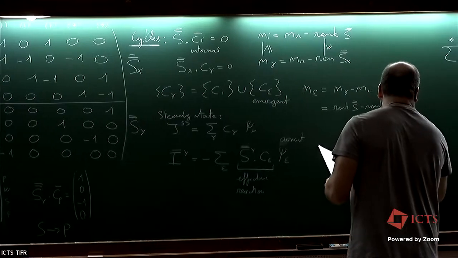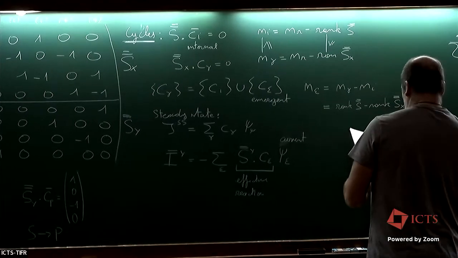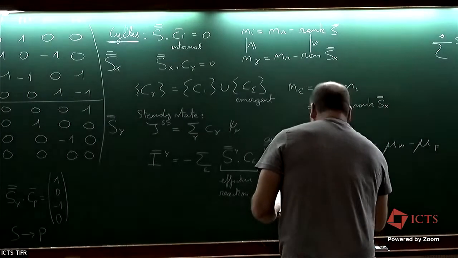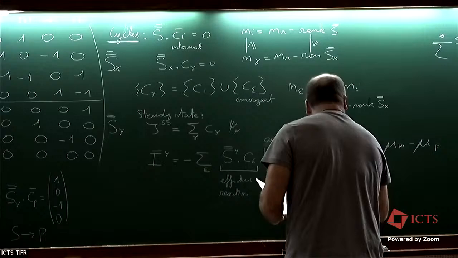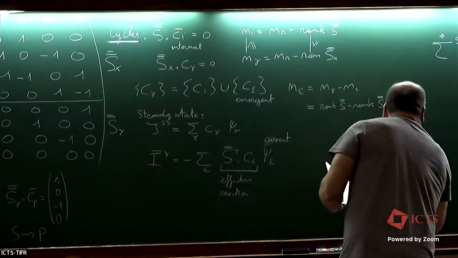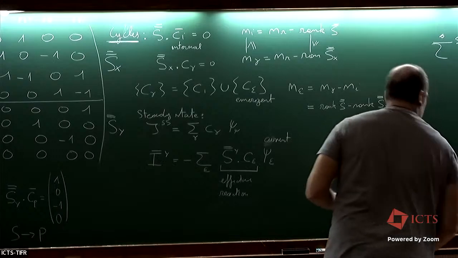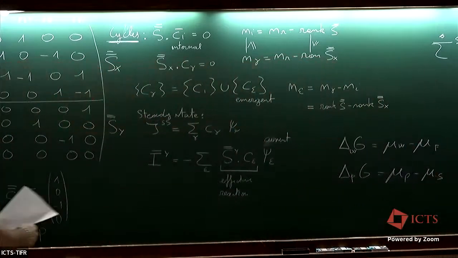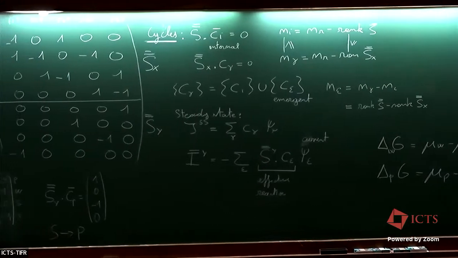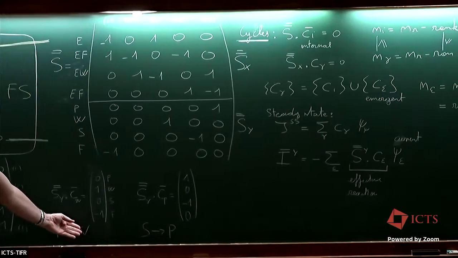So this is mu W minus mu F. And the other one, we called it P, is mu P minus mu S. And that makes sense, right? Because these are these effective reactions. That's what you would write as the delta G of those reactions.